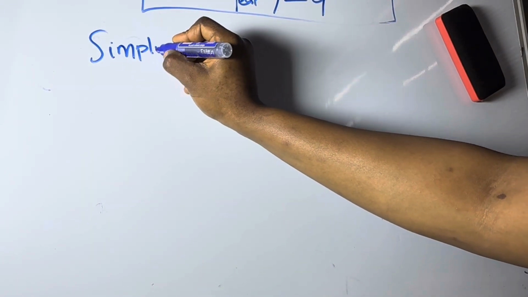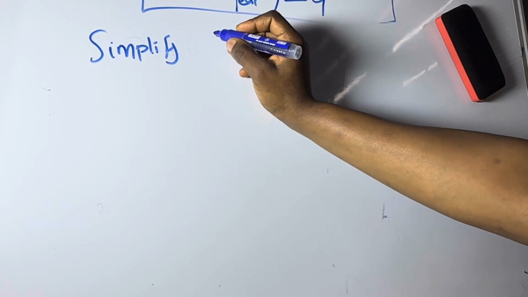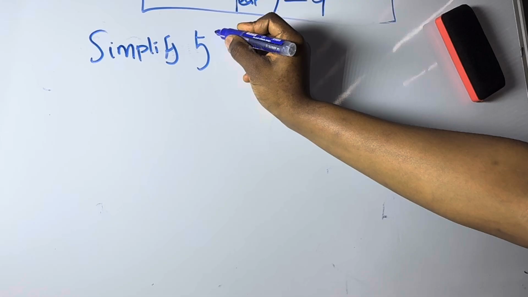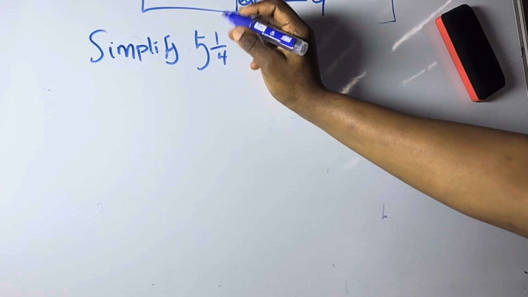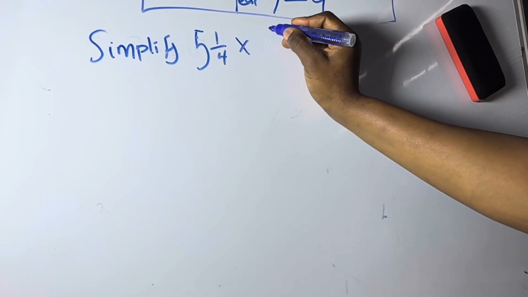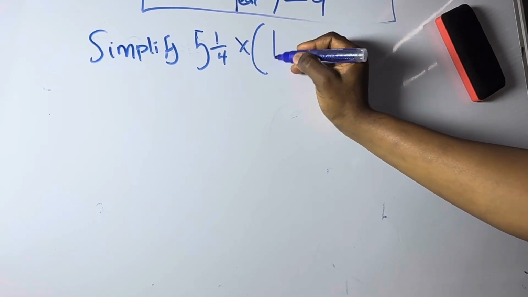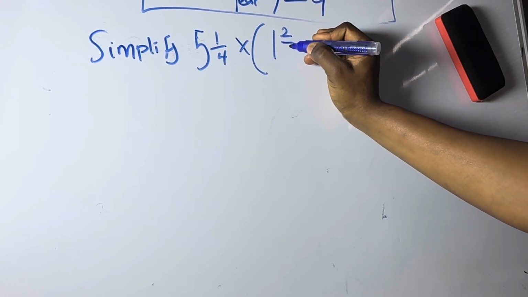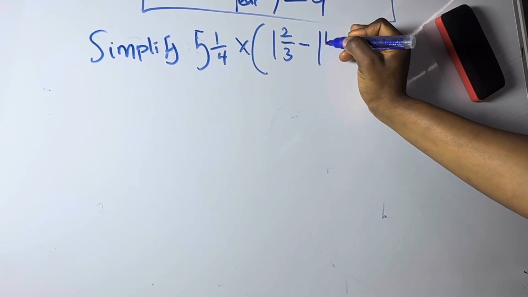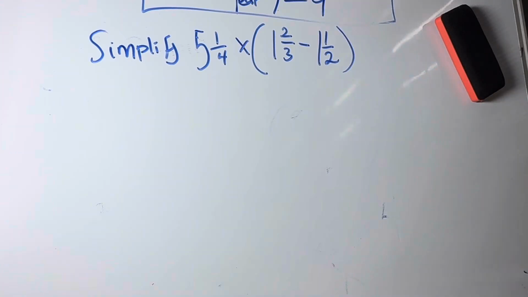Simplify 5 whole number 1 over 4 multiplied by 1 whole number 2 over 3 minus 1 whole number 1 over 2.